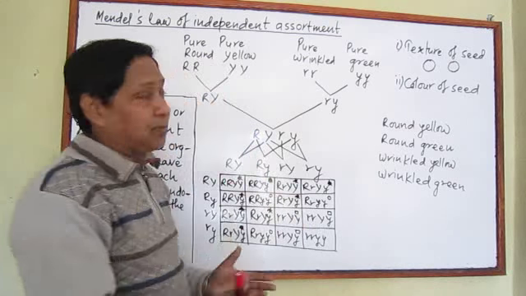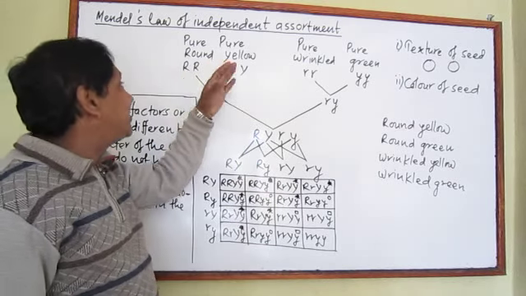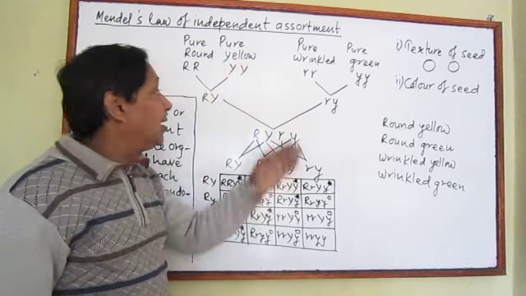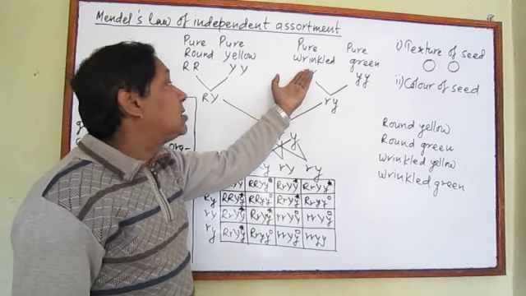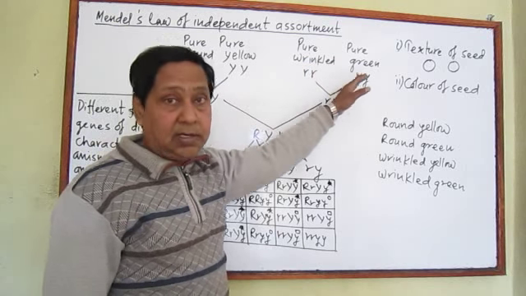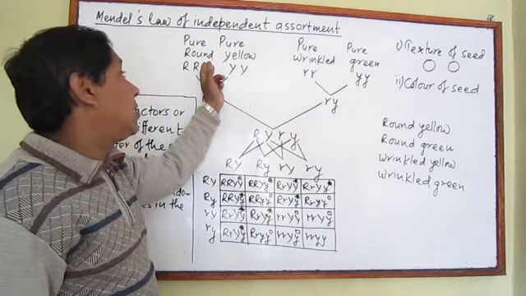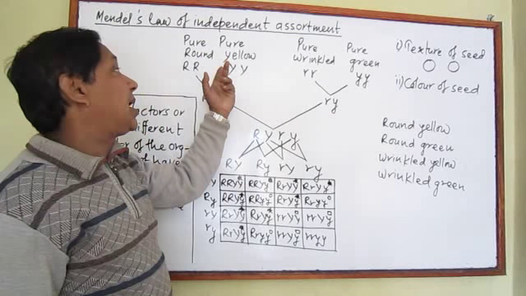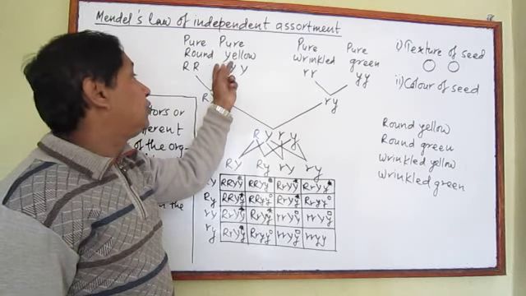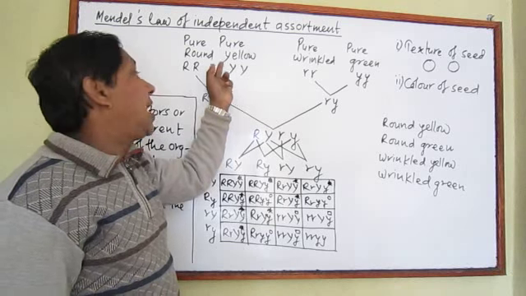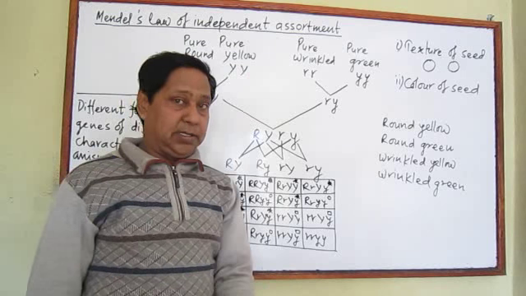Actually, this is the experiment: whether there is any relation between the round-seeded pea plant and yellow color, and between wrinkled and green. Because it was found that wrinkled is green-seeded and round is yellow-seeded, he was trying to find out whether these factors or genes of different characters have any link with each other or not.